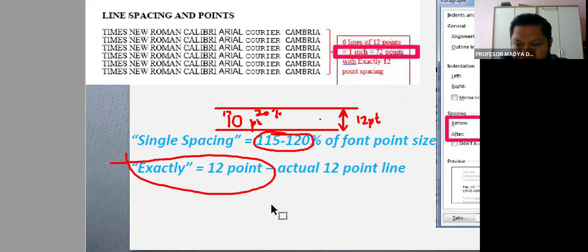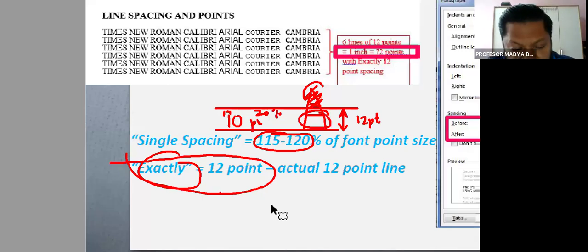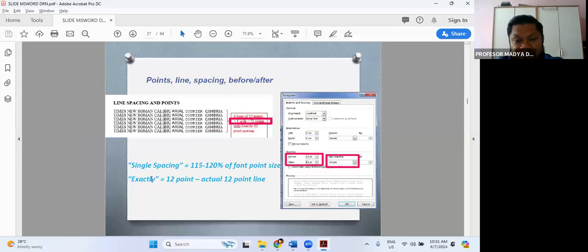So if it happens that your font is 24 point, part of it will be truncated, removed, and you only see this part of your font. That is what happens when you use exactly. Normally we use single spacing or double spacing. So that defines what a point, line spacing, before and after are.